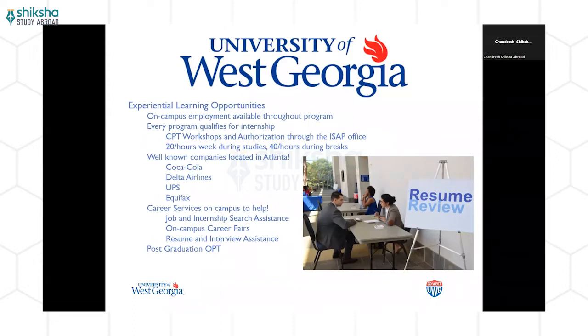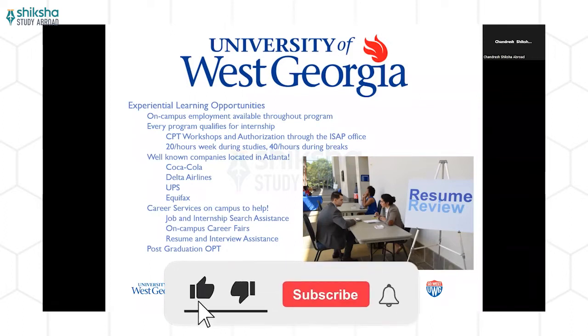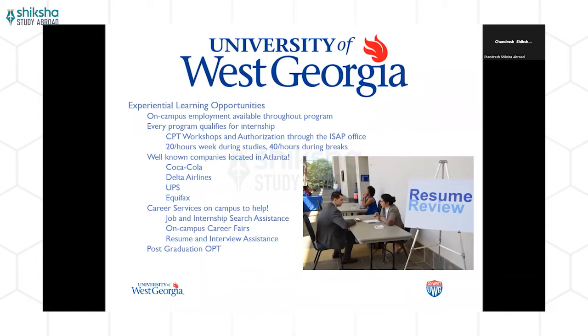And we are well located. Atlanta is very much a business city. Atlanta is the home for many multinational companies, as well as the regional headquarters for a lot of international organizations in the Atlanta area. So, for example, in Atlanta, we have the headquarters for Coca-Cola, Delta Airlines.